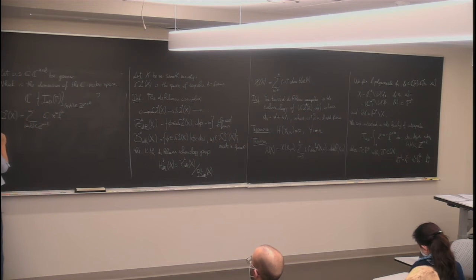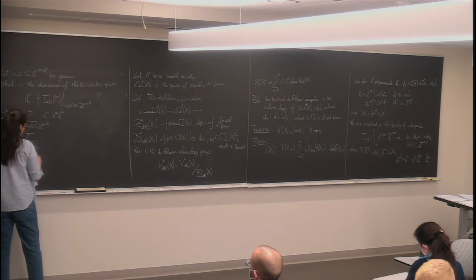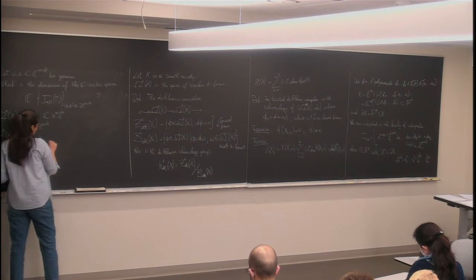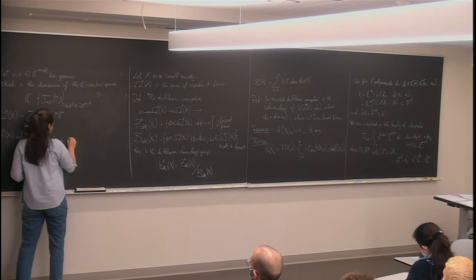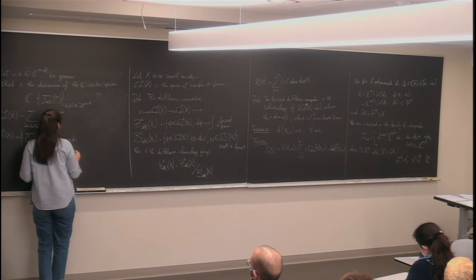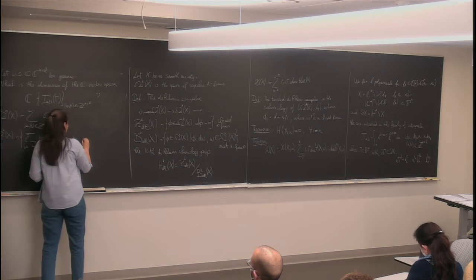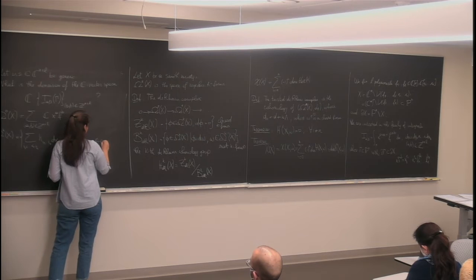Instead, the kth forms are given by elements of this type, where we sum over all possible k indices, of h_{i_1...i_k} dx_{i_1} wedge ... wedge dx_{i_k}, where h_{i_1...i_k} is a zeroth form.